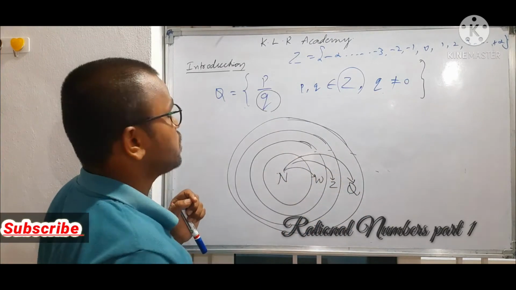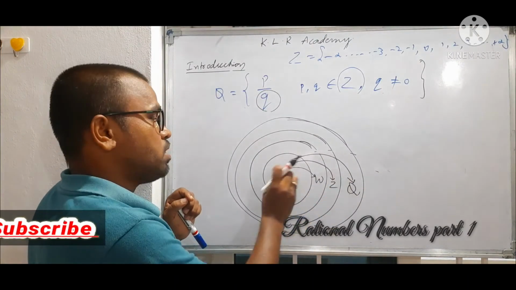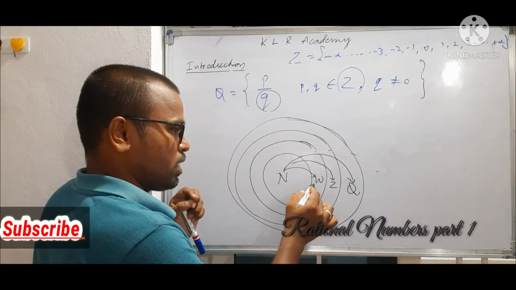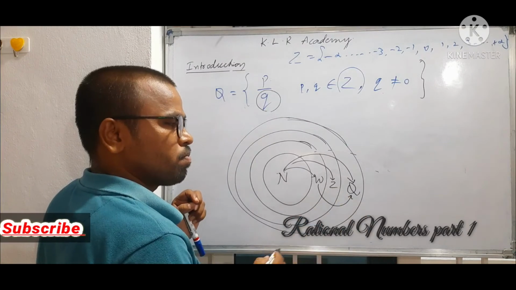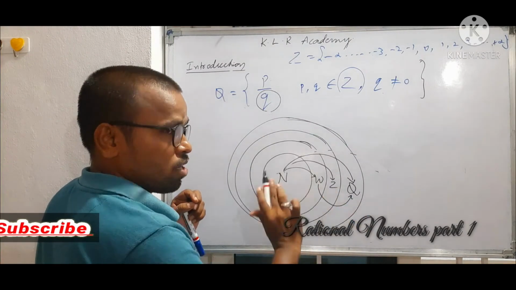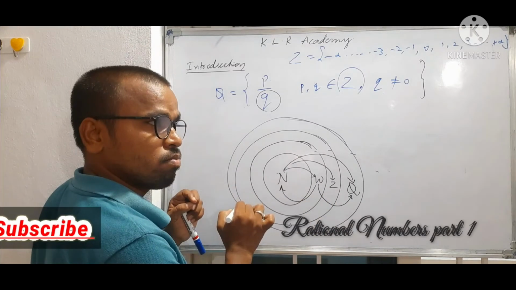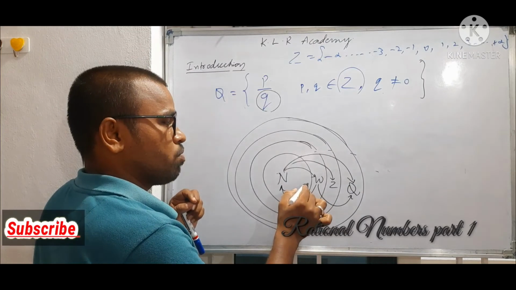All whole numbers are rational numbers, but all rational numbers are not whole numbers. All natural numbers are whole numbers, except zero.